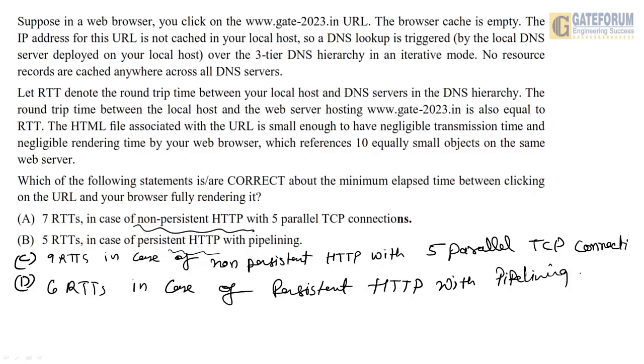There are different options. So ultimately we need to focus on 2 things. The first is persistent HTTP, and the second is non-persistent HTTP. So let's see, in case of persistent HTTP with pipelining.